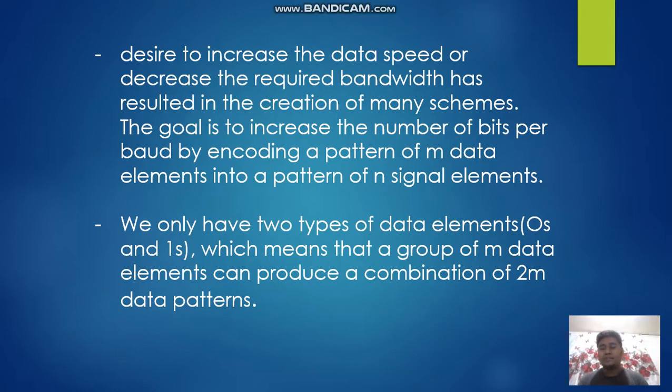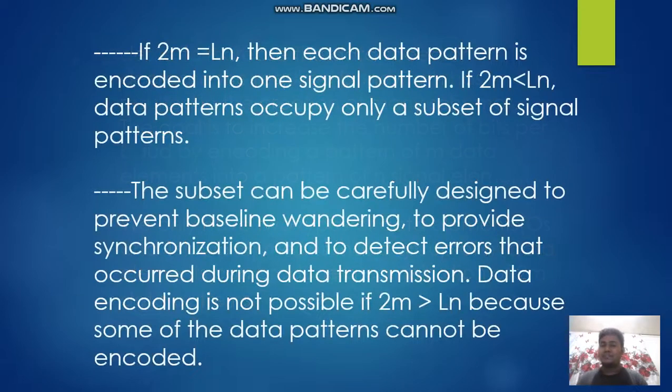We only have two types of data elements, zeros and ones, which means that a group of M data elements can produce a combination of 2^M data patterns. If 2^M is equal to L^N, then each data pattern is encoded into one signal pattern. If 2^M is less than L^N, data patterns occupy only a subset of signal patterns.